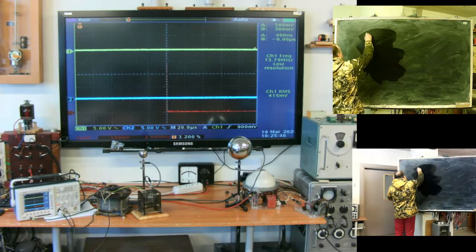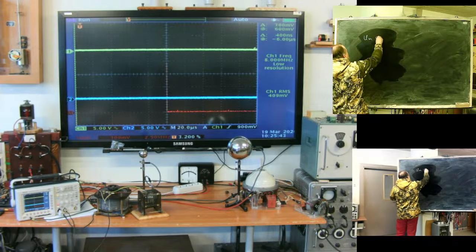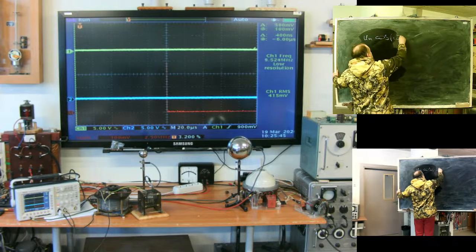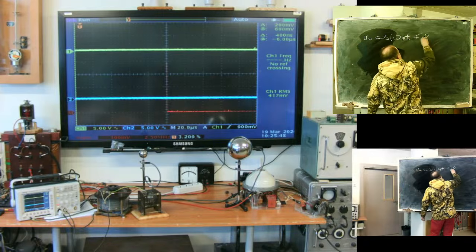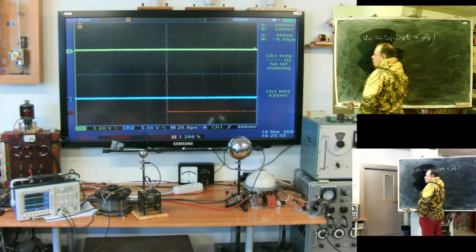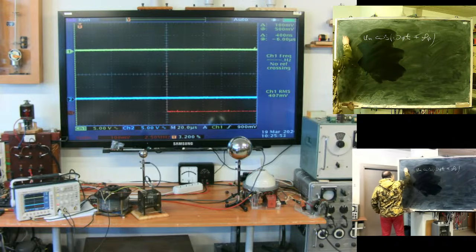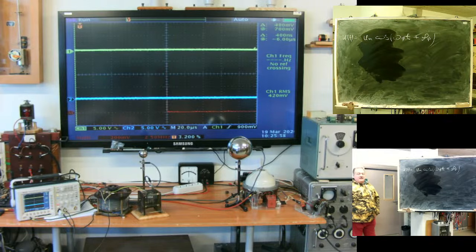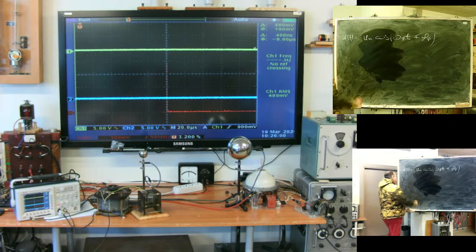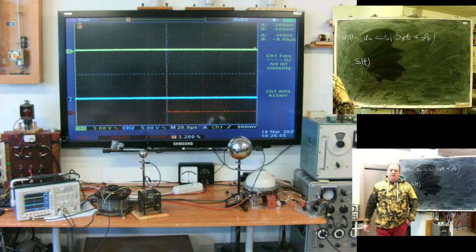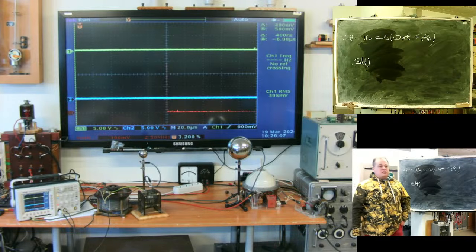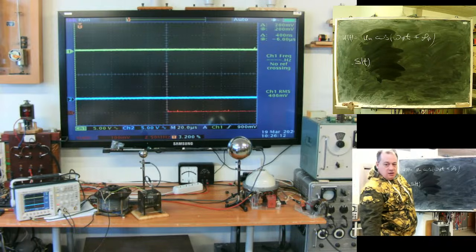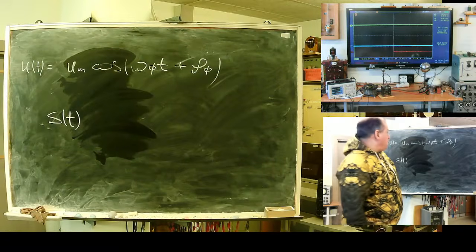It can be something like cosine omega 0 t plus phi 0. Let's say a harmonic signal that I can use as a carrier. And I have an excellent signal that I'm looking for ways to send to my remote correspondent.